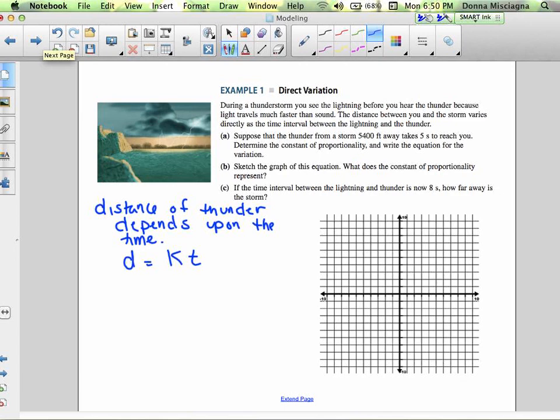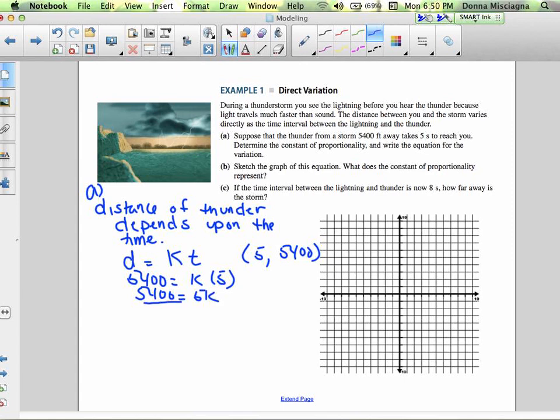But we know we have some values that show a relationship. We have the point 5, 5,400. So we can replace the d with 5,400 and replace the t with 5 and solve for what k is. So we have 5,400 equals 5k.